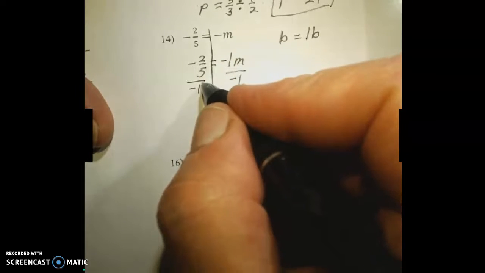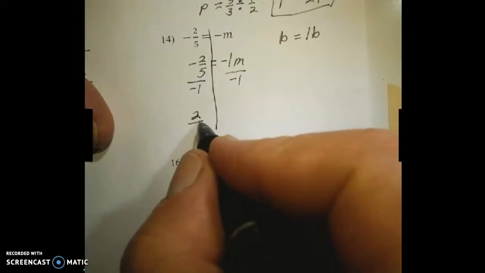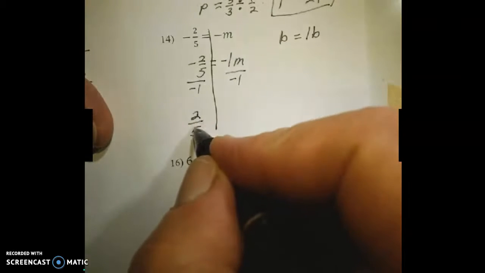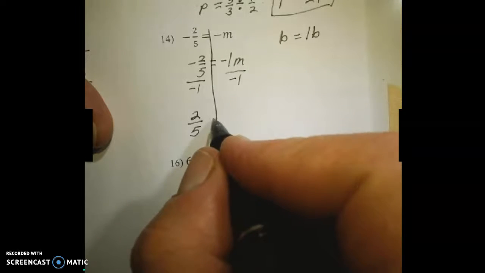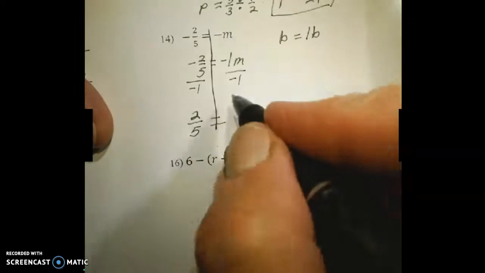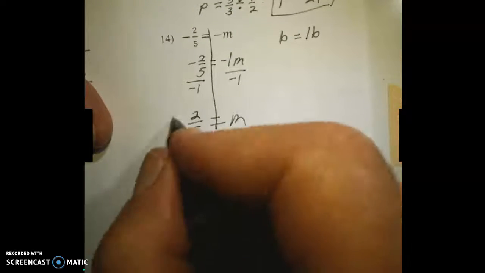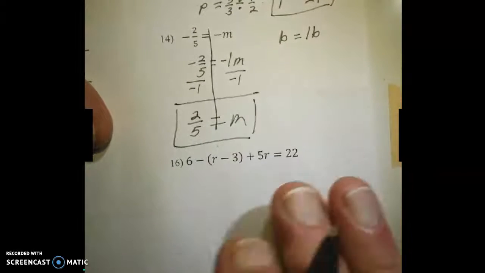Anything divided by 1 is just that number itself. That is 2/5. And on the right, negative divided by a negative is a positive. That's what you wanted to do, is get rid of that minus sign. That did it. That's your answer. 2/5 is equal to m.